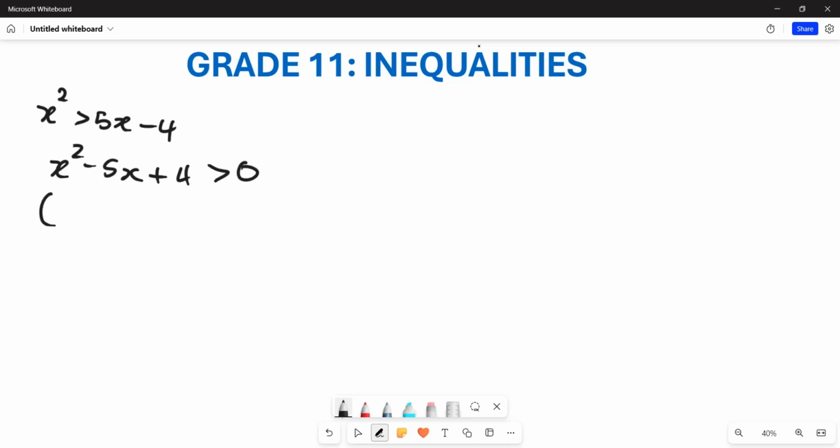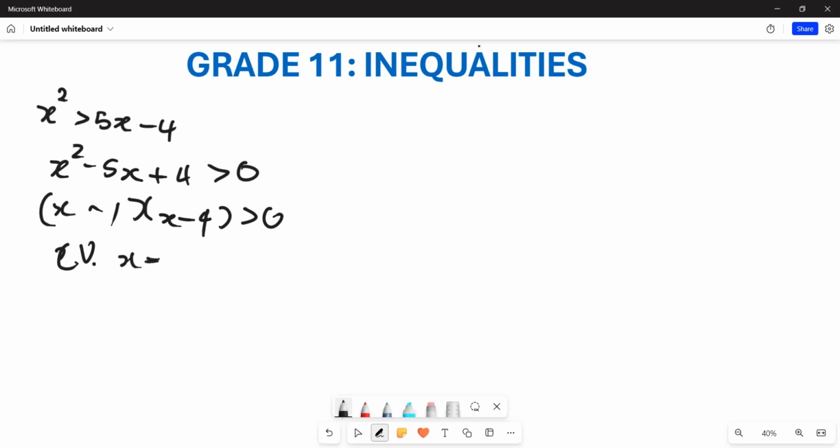Now, from here you're going to open your two brackets. This is greater than 0. So you're going to have your x here, your x here, and factors that can give us 4 are 4 and 1. When both are negative, they can give us -5. So the critical values of your x are where, now remember this, you equate it to 0.